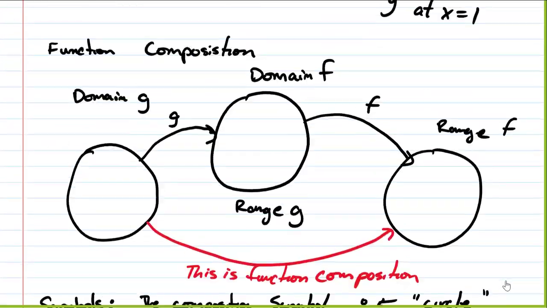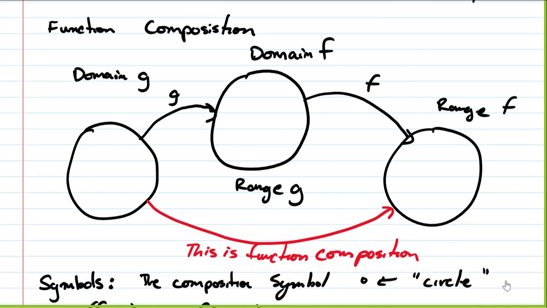So going back to our original diagram, it gives us some context to this. What we're seeing is we have the domain of f and the range of g, but they're not necessarily always going to be the same, right?